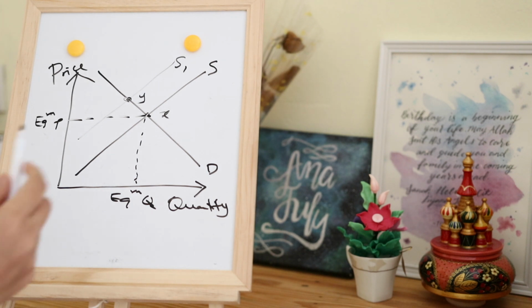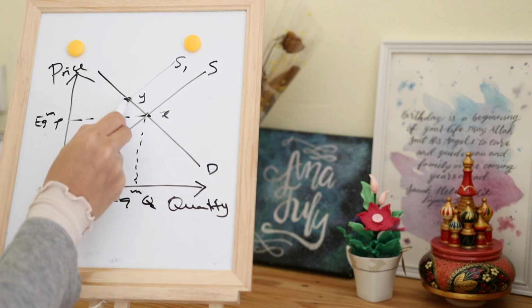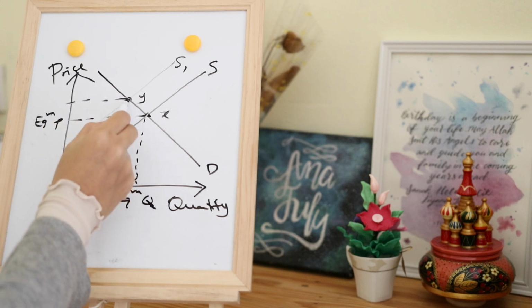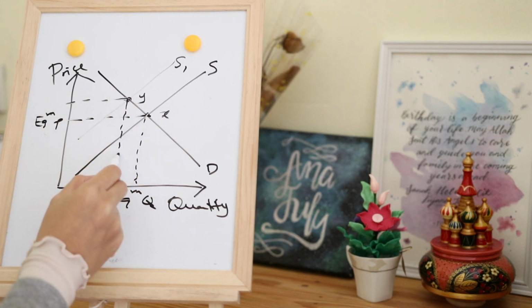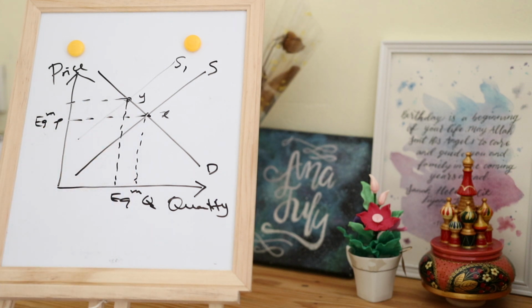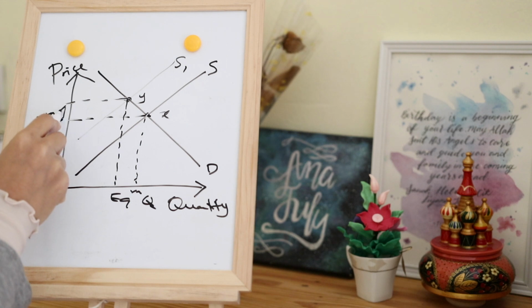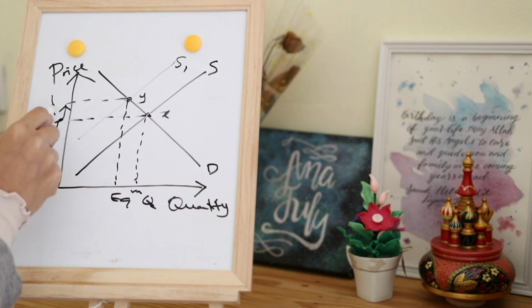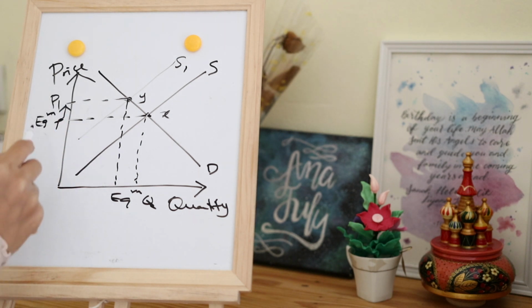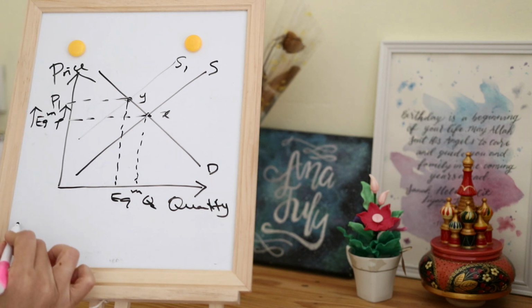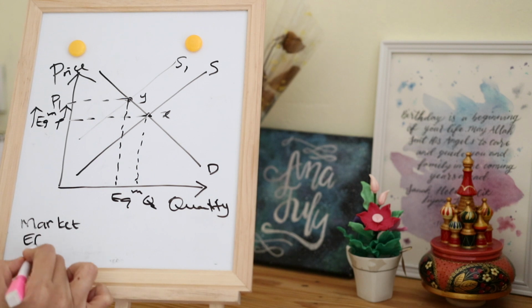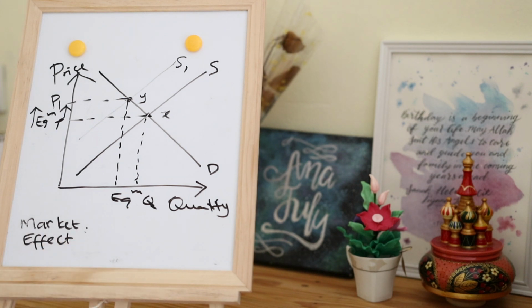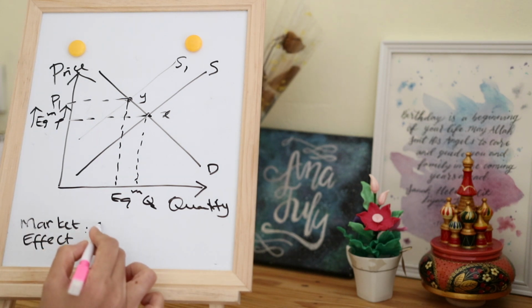So, what will happen to the market price due to the increase in the cost of production? This is the original equilibrium point. Then what will happen to the price? We have price 1, the price will increase. So the market effect will be an increase in price.